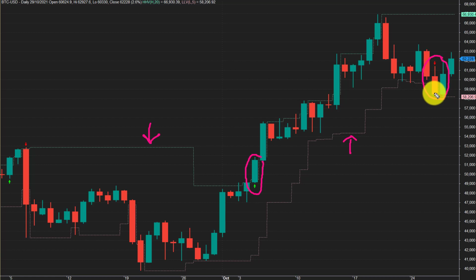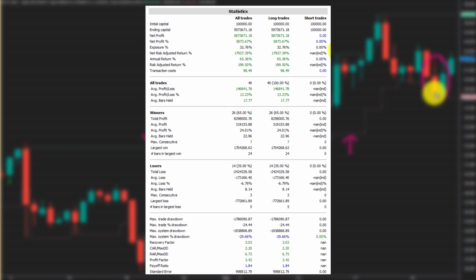So that is the signal to sell. And that is it. This is the strategy. You buy when the closing price of Bitcoin breaks above the 20-day highest high, and you hold the position until the closing price closes below the 5-day lowest low. And that is it. Very simple strategy. So let's have a look at the actual results.